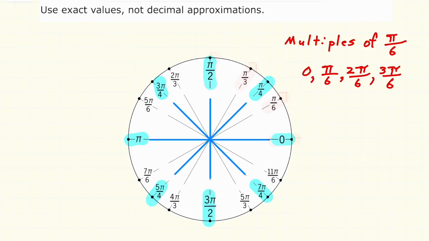And now that we see that pattern, continuing, we would have 4 pi sixths, 5 pi sixths, 6 pi sixths, 7 pi sixths, 8 pi sixths, 9 pi sixths, 10 pi sixths, 11 pi sixths, and 12 pi sixths, which is again one complete circle, 2 pi.